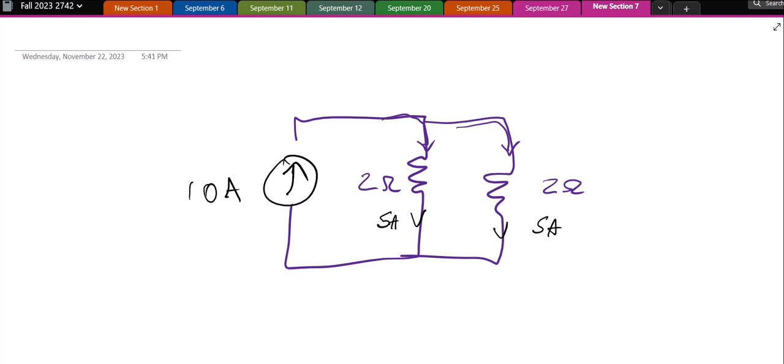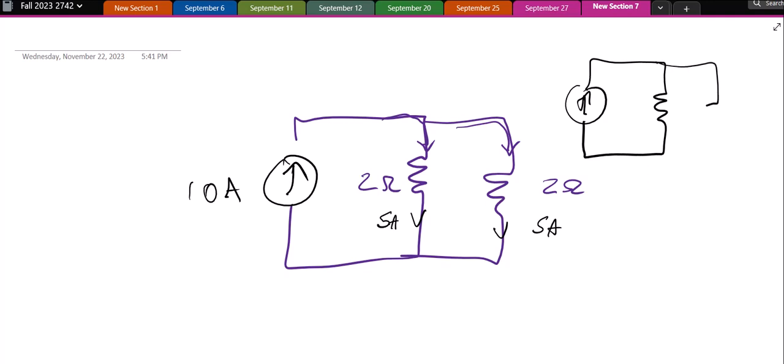But they don't have to be equal to find out what the current is. Here's how current division works. You have your total current, and I'm just going to put two resistors in here, because adding resistors in parallel is not as easy as adding them in series.